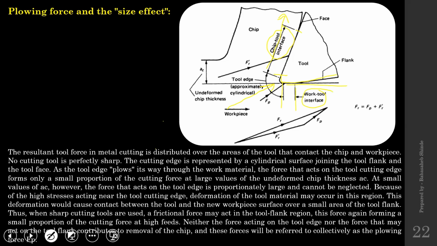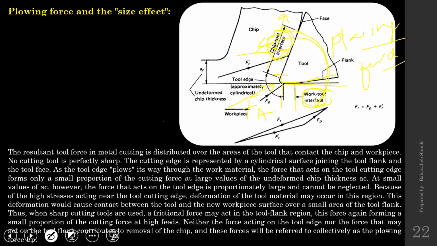if I consider that one as Fa, and compare it with the force acting on the rake face of the cutting tool in the chip tool interface and the force acting on the cutting tool in the second zone of work tool interface, if I combine the force acting in those two zones, that force is combinedly called plowing force.